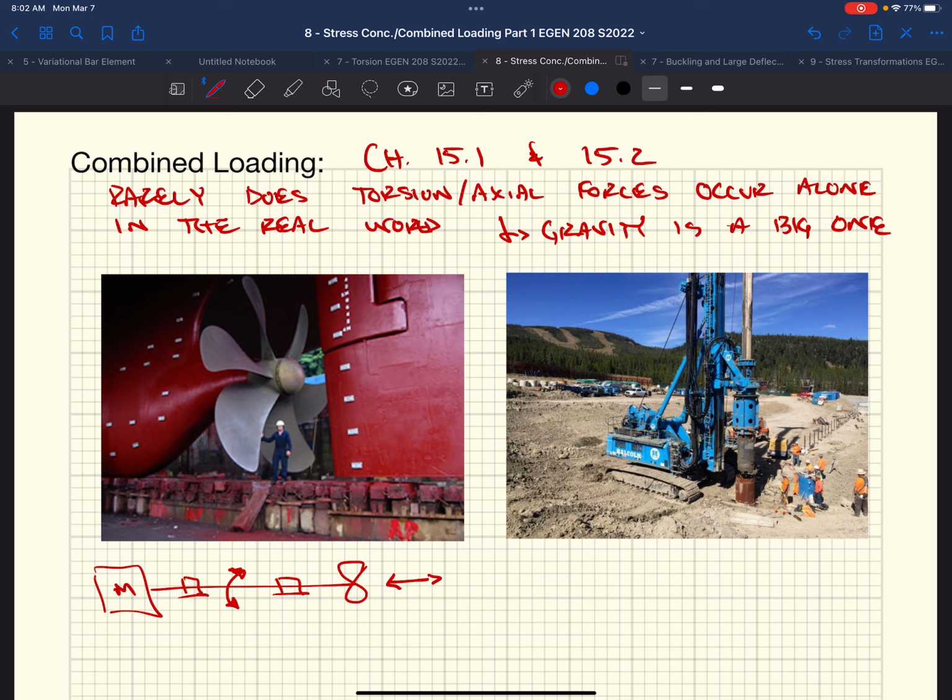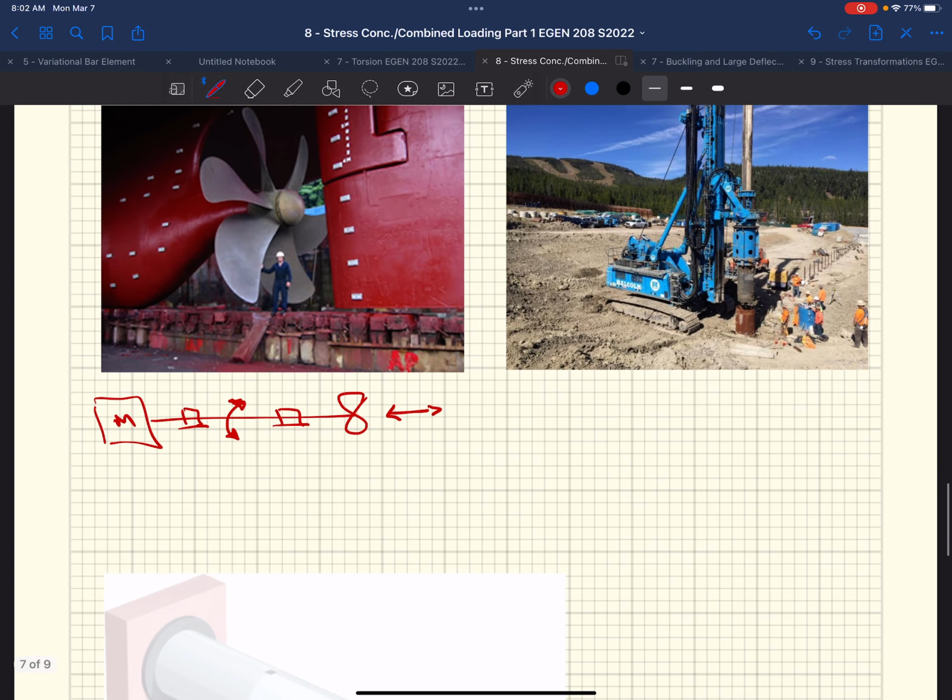So with the real world, I had this example for you METs out there: the propeller shaft on a large vessel or boat. And then similarly on the CET side, if we were looking at something that was combined loading with respect to axial forces and torsional forces, I said we could look at a drill stem.